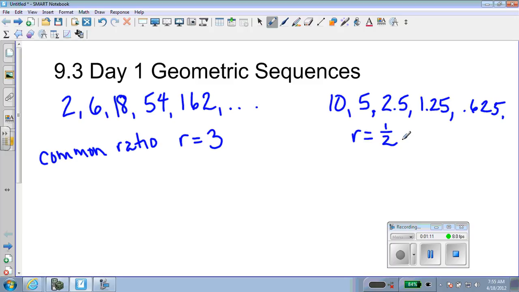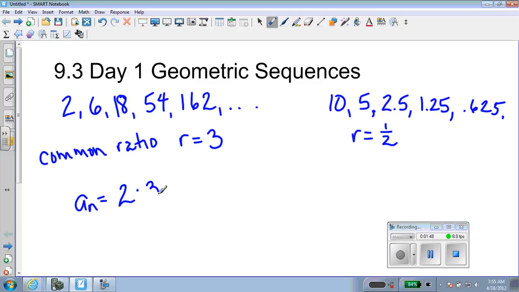Because geometric sequences have strong ties to exponential functions, not all of them, but a lot of them, what we're going to see as our functional definition should remind us of the work we did with exponential functions. In this case, the functional definition says we're multiplying by 3 every single time, starting from 2.